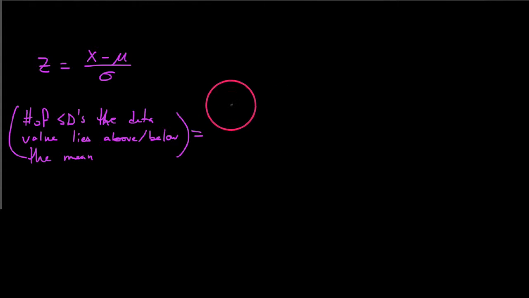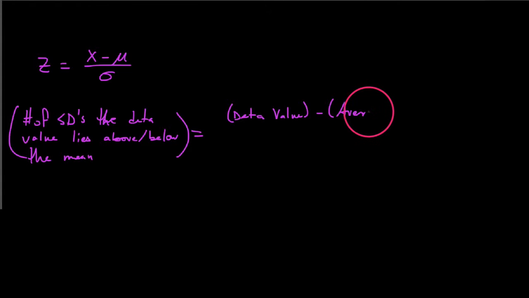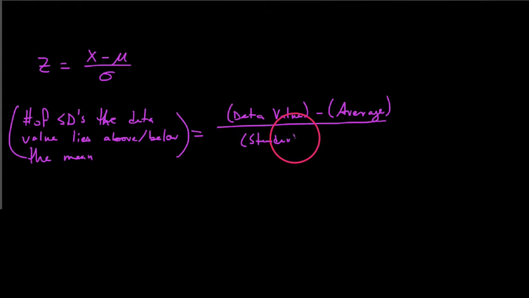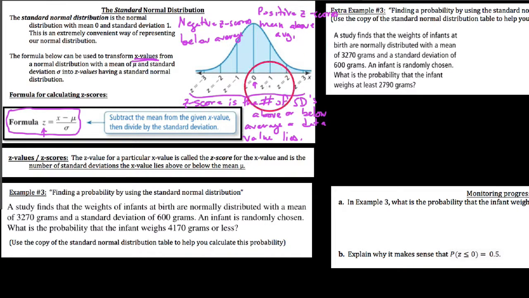Our x value here, which is the data value in question, minus the average. And this is all divided by the standard deviation. So you've got to trust me on this one. What this is doing is telling us how far above or below average we are, but it's telling us in terms of a number of standard deviations that we have walked above or below the mean.